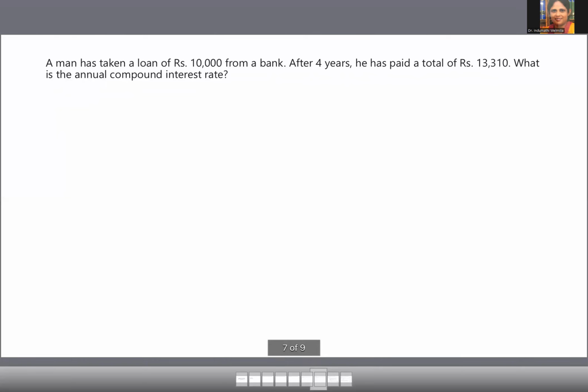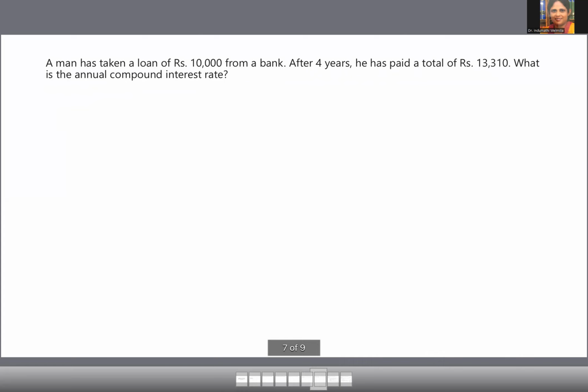What is the annual compound interest rate? So that is a similar one, we have to do that one. It's asking what the annual compound interest rate is. That means the same formula we can use, but here it is asking for the interest rate, R. What is the annual R?